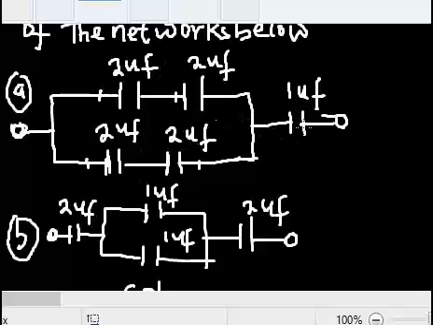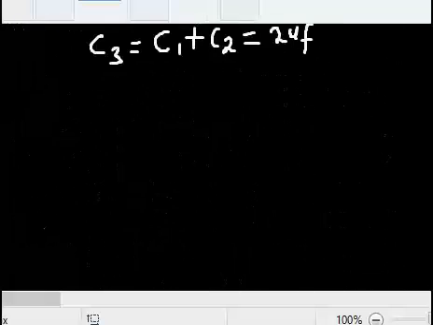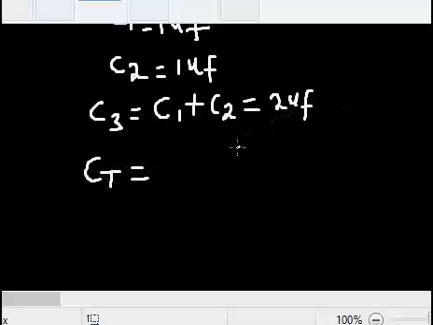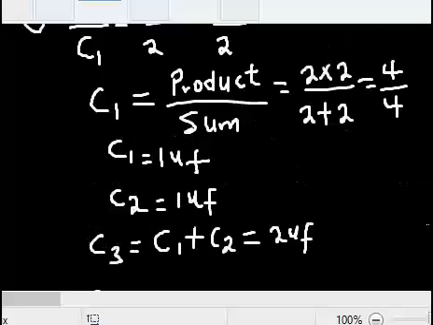Then it is now connected in series with 1 microfarad. So now we can say C total is going to be equal to the series connection of both 1 microfarad and 2 microfarad. Since they are in series, I will apply product over sum.